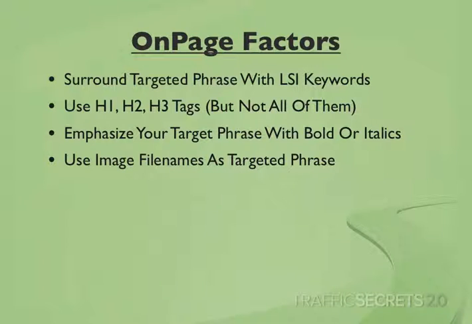Use image file names as the targeted phrase. If we're targeting a page for gardening tools, have an image on the page and make the file name gardeningtools.jpg or gardeningtools.gif. However, the important thing to keep in mind with file names is it must be accurate and relevant. Don't go using an image that isn't of gardening tools, something else, like your photo, and naming it gardening tools.